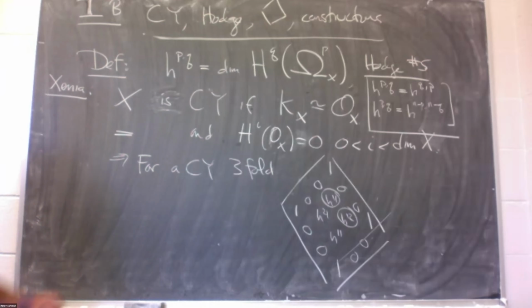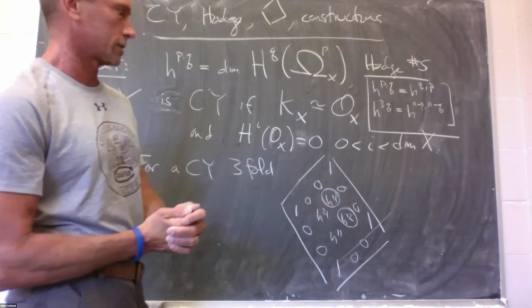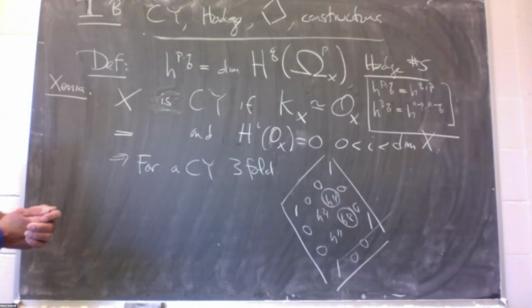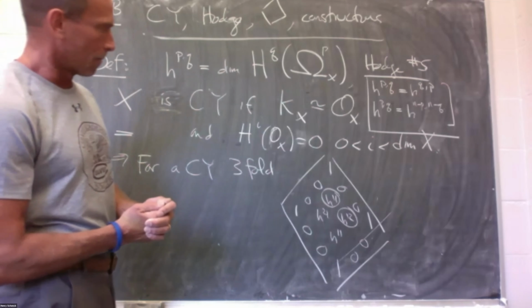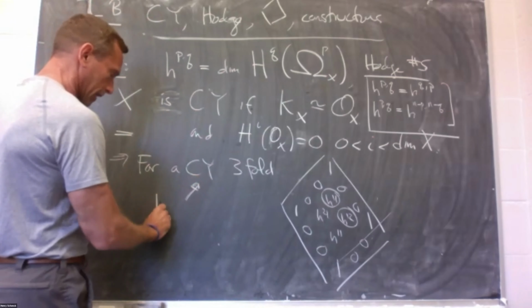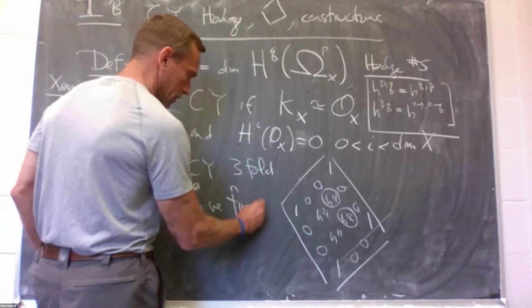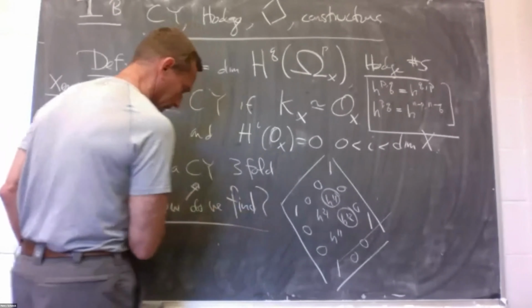So here is the question. If Calabi-Yau threefolds, as was shown by the work of the physicists that we had on the board earlier in the 80s and 90s, are important for physics, then how do we find these? How do we find them? So this is great. This is like an Easter egg hunt, right?